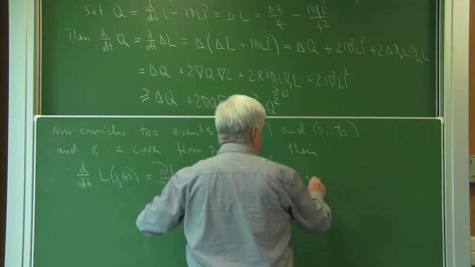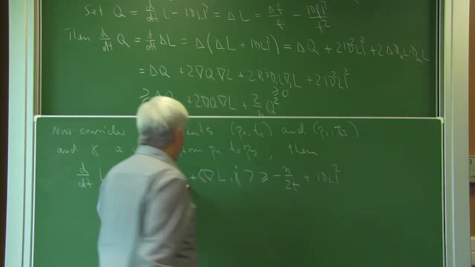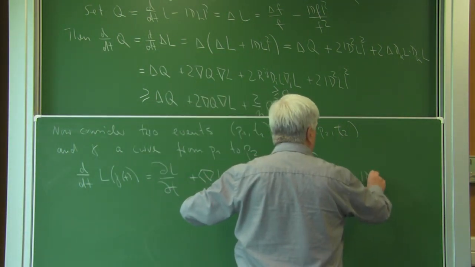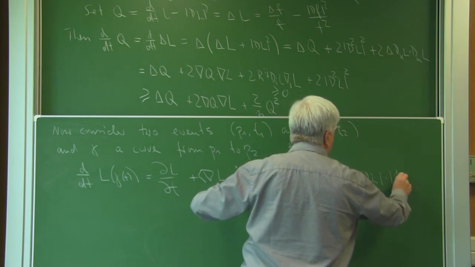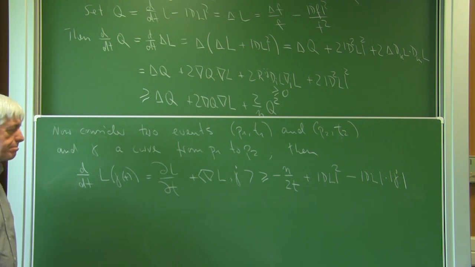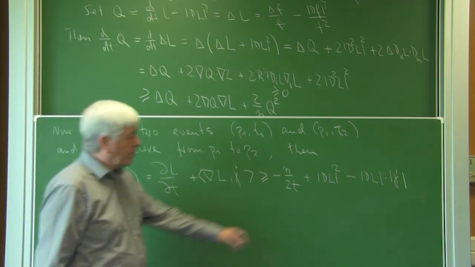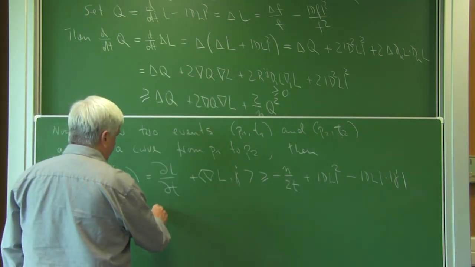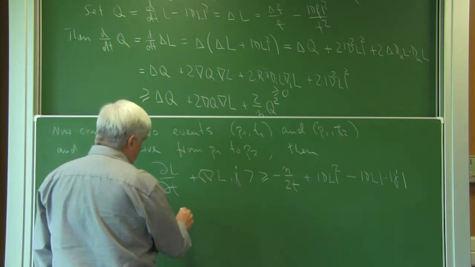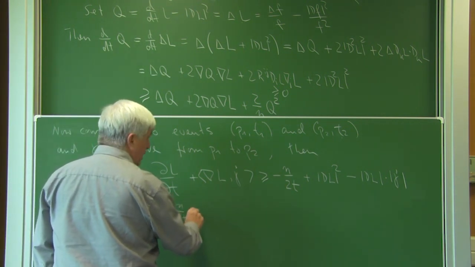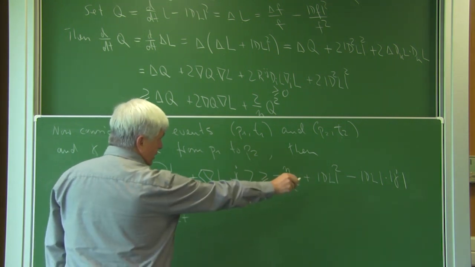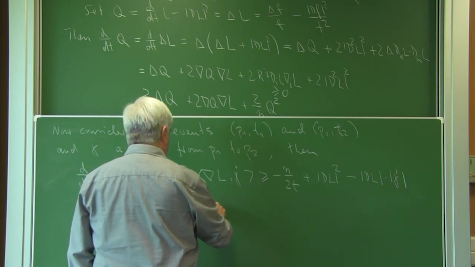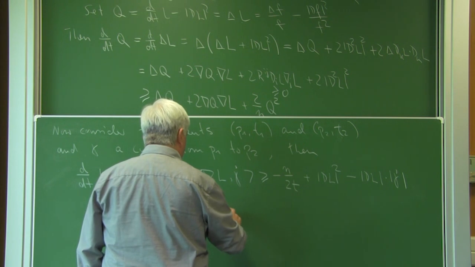And then we had the good term plus |∇L|². And this term here I estimate by minus gradient L times gamma dot. Now the point is that this is quadratic in gradient L and this is linear, so I can further estimate this from below by minus n over 2t and put this in here, and then I'm left over with minus 1/4 |gamma dot|².